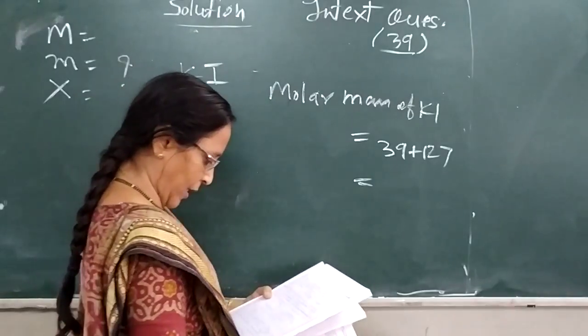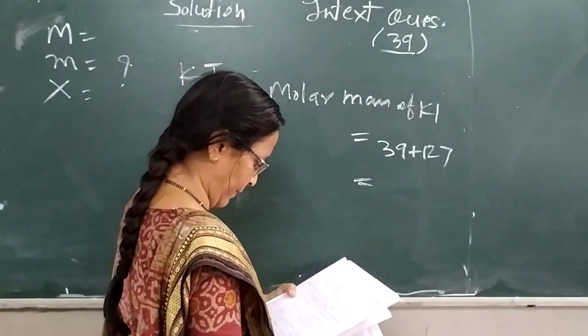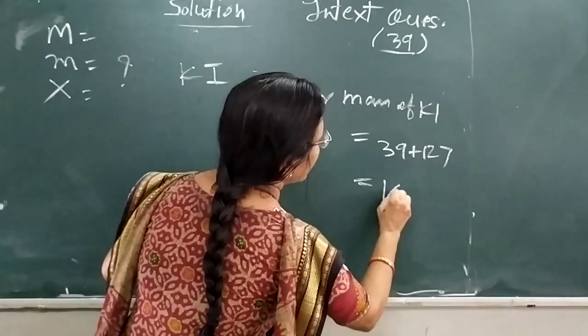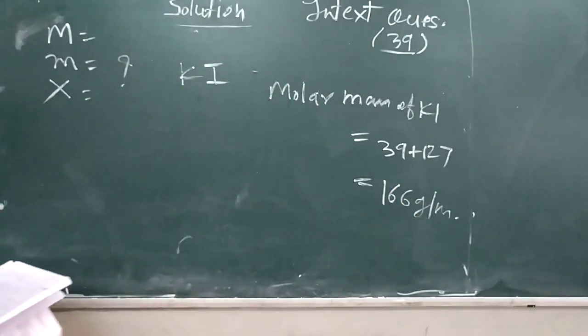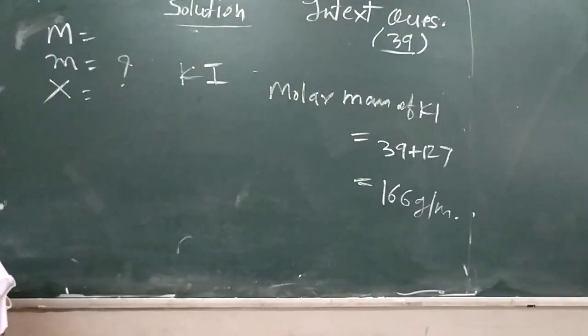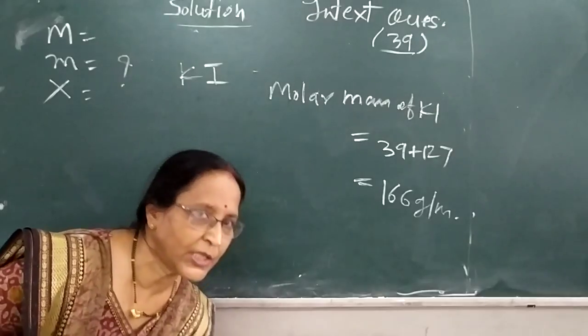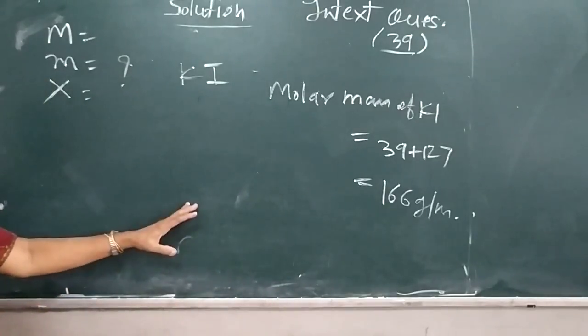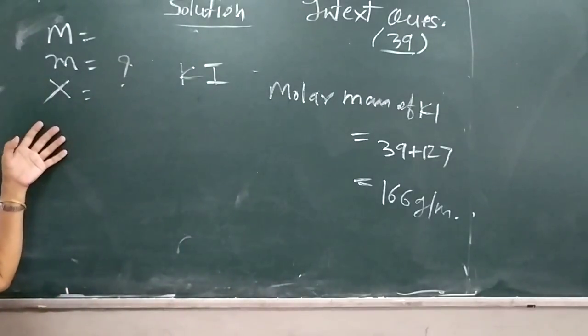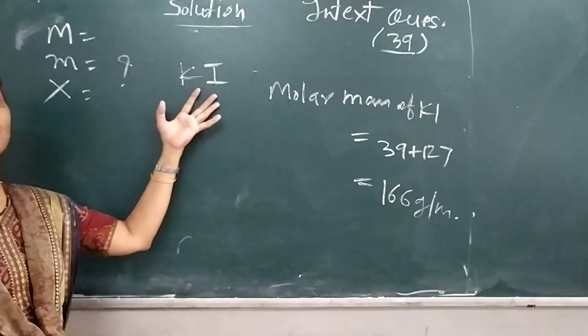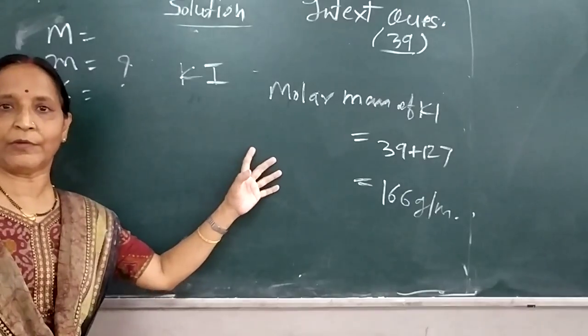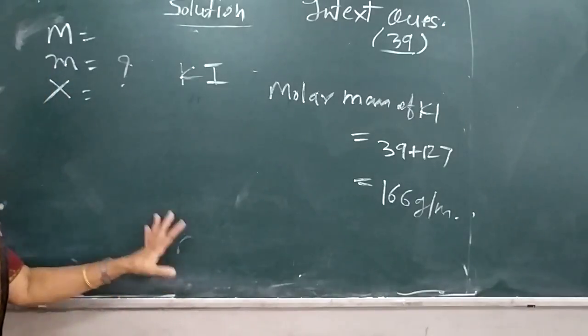When you calculate, it will come 166 gram per mole. Here also, first you have to calculate the molality. With the help of molality, density is given, you can calculate. This sum is for your assignment work. If you do not get it, in the next lecture I will solve it again.